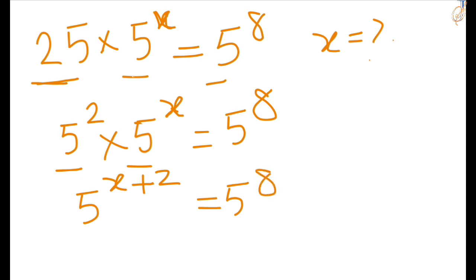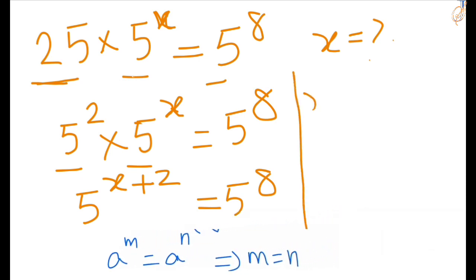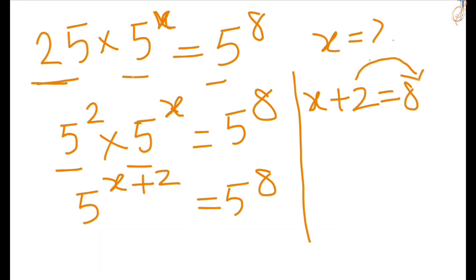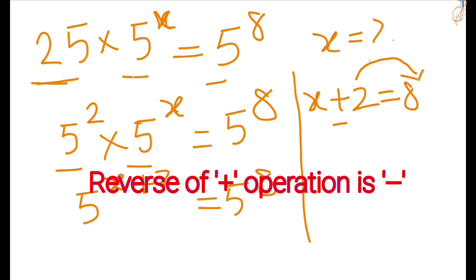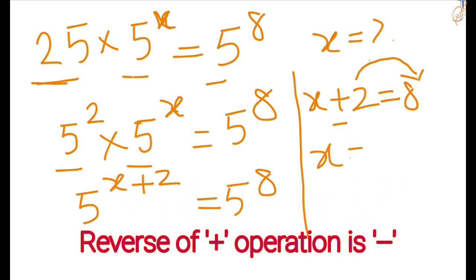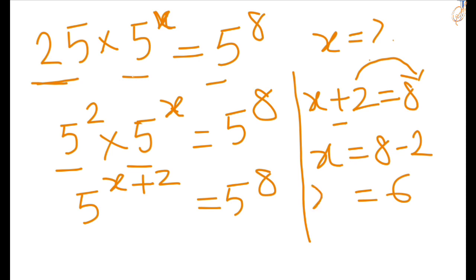When bases are equal, powers are also equal. So that's why we can write x plus 2 is equal to 8. When you are sending this 2 to the opposite side, what is the reverse of the plus operation? Negative. So that means 8 minus 2. You'll get 6. So here the x value is 6.